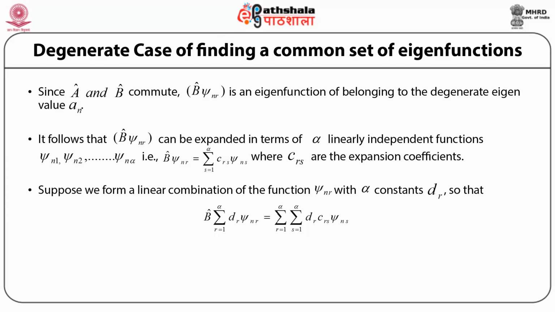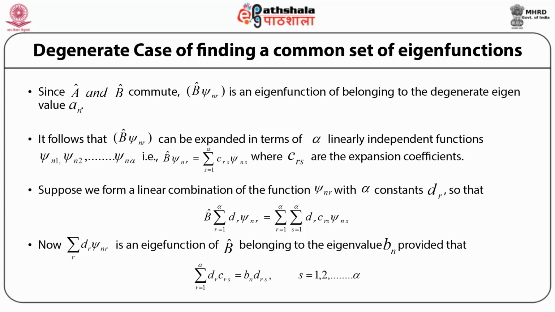Suppose we form a linear combination of the functions psi nr with alpha constants dr, so that operator B with summation r going from 1 to alpha dr psi nr is equal to summation over r going from 1 to alpha, summation over s going from 1 to alpha dr Crs psi ns.